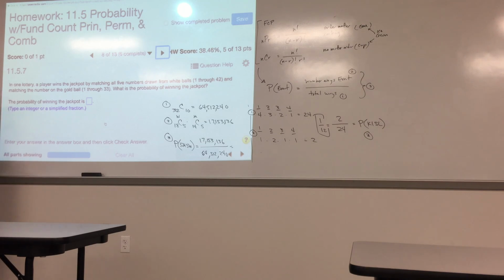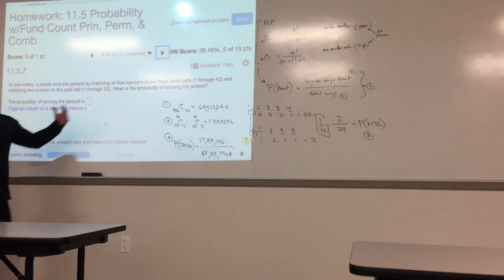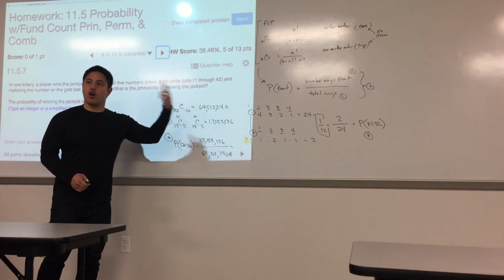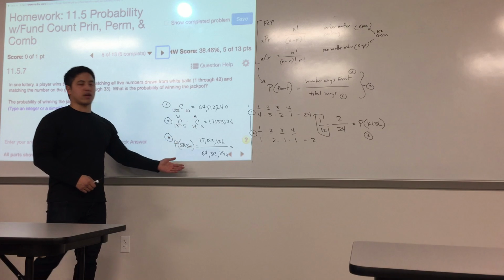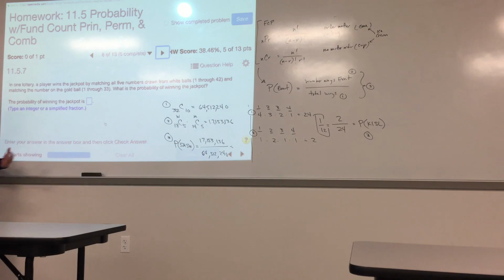In one lottery, a player wins the jackpot by matching all 5 numbers drawn from white balls, 1 through 42, and matching the number on the gold ball, 1 through 33. What is the probability of winning the jackpot? Okay, so this is going to be done very similarly to what we've been doing over and over again in the previous problems. But this is a scenario that sometimes throws students off.